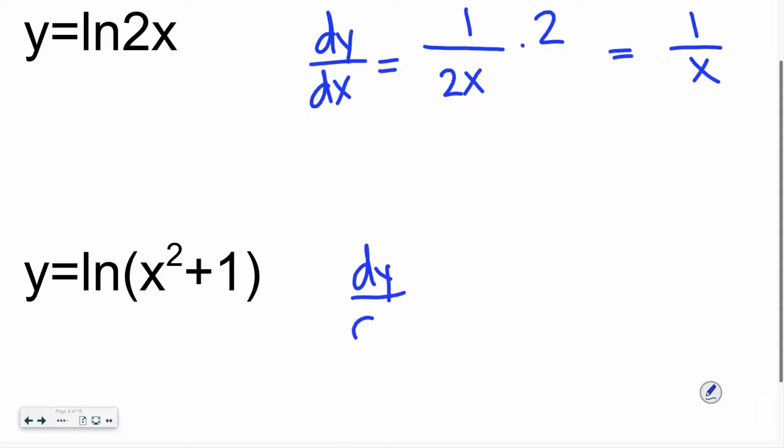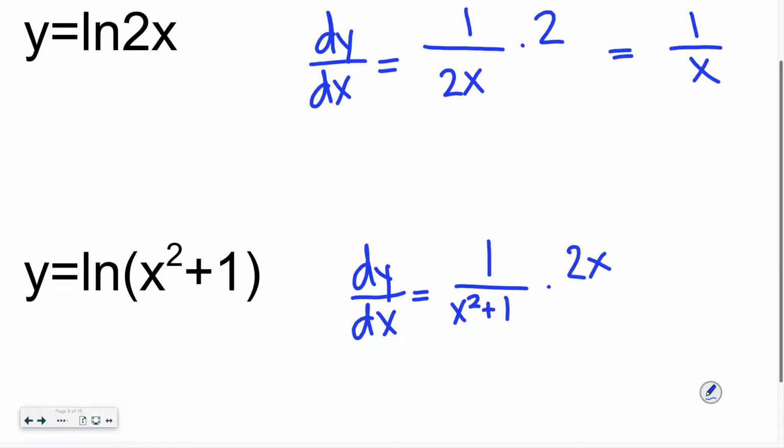So if y is the natural log of x squared plus 1, then write down what you think our derivative is. Alex, how do we do it? 1 over x squared plus 1, times, we have a composition, times 2x.